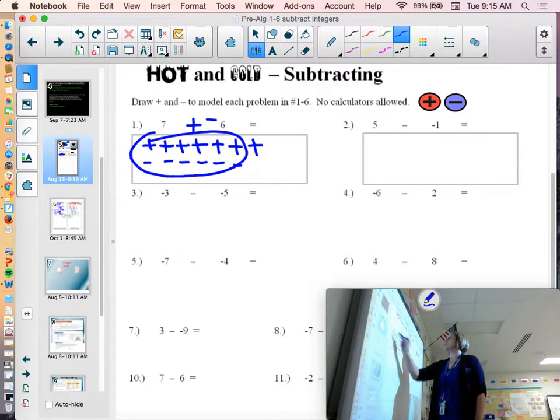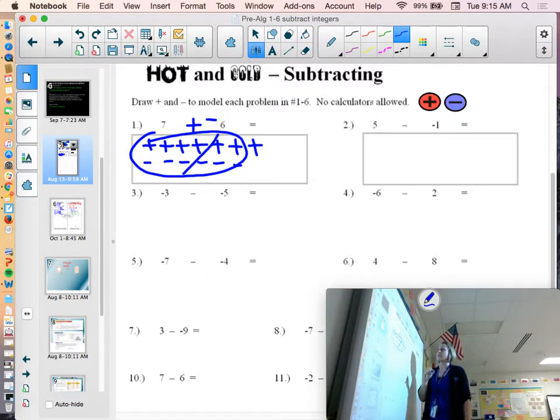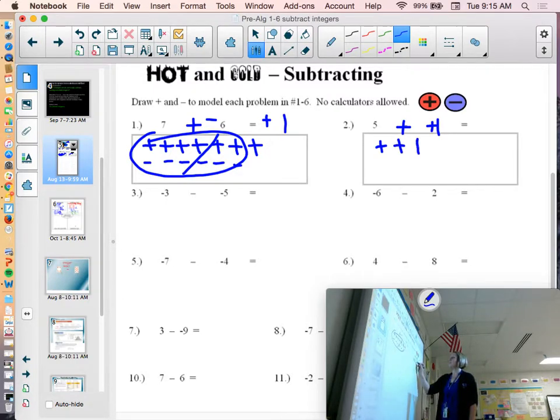So we're going to take those and cancel those out, and it still shows that we have a +1 for an answer. So if you think of it, all subtraction is stay, change, change. You change it into adding the opposite.